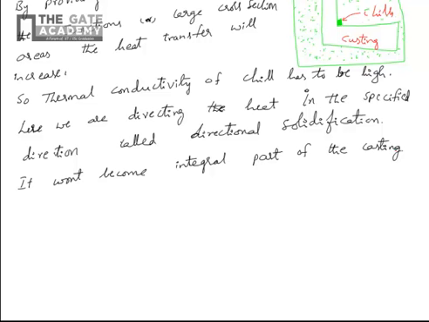The chill material may be the same as the casting or different, no problem. An example of material is aluminum, which is used majorly for low carbon steels.